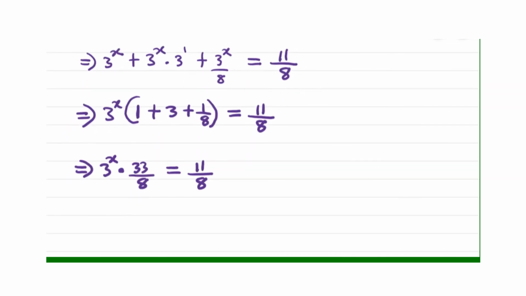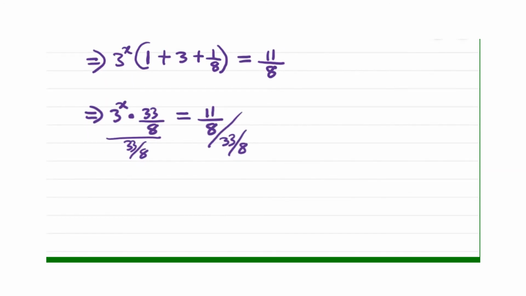Then from there as we proceed, we divide both sides by 33 over 8, which now means here it will be 3 to the power x is equal to 11 over 8 divided by 33 over 8.